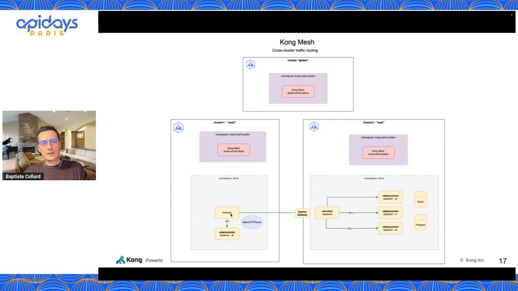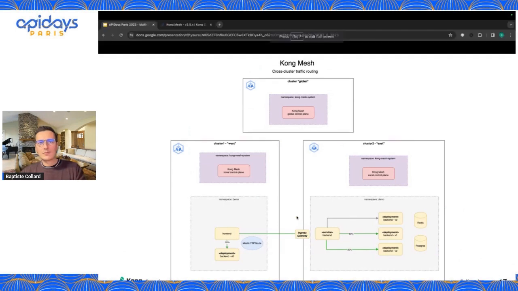So the front end will be on cluster West, and the 3 versions of the backend, V0, V1, V2, will be on the other cluster, as well as the databases, Redis and Postgres. And just for fun, we will also deploy one version of the backend, backend version 0, on the first cluster. And then we will play with traffic routing.